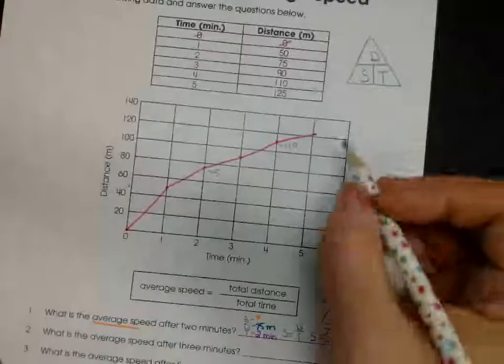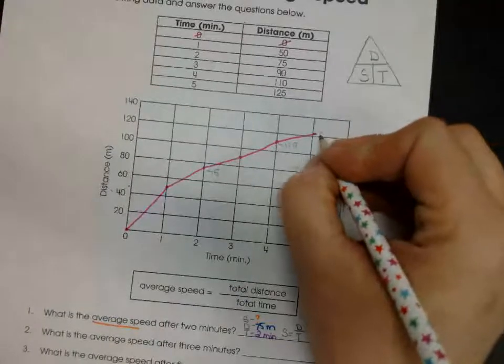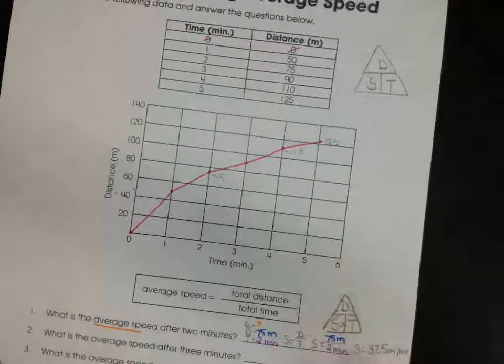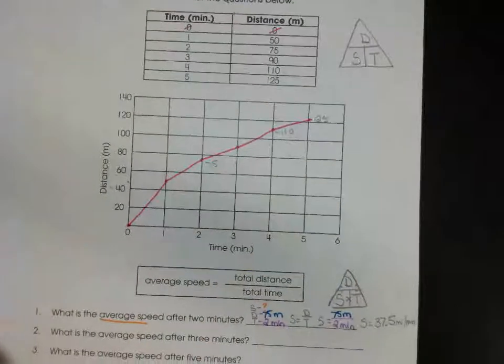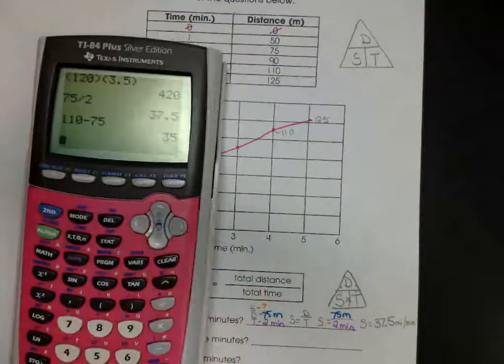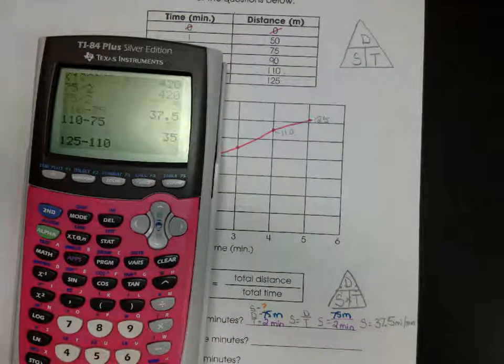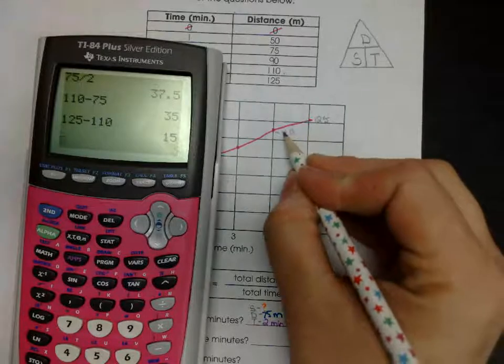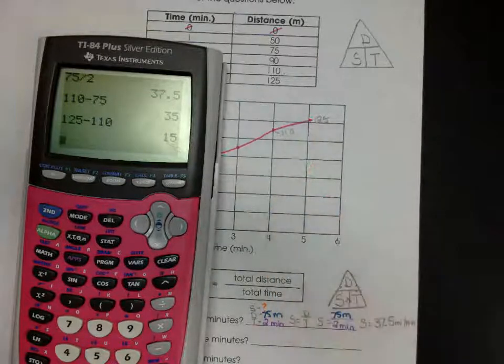So we're going to come up here, and at 5 minutes, they were at 125 meters. At 4 minutes, they were at 110 meters. So I'm going to subtract 125 minus 110. So in this 1 minute interval here, they went 15 meters.